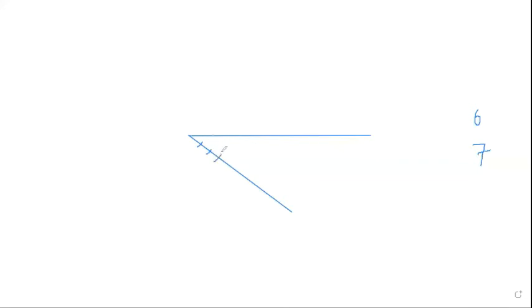This arbitrary line from this point. So this is 1, 2, 3, 4, 5, 6, 7 equal parts. Okay, clear? Now, join this point, last point, with this last point.